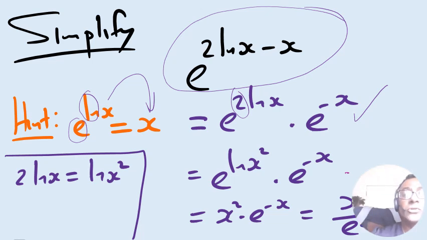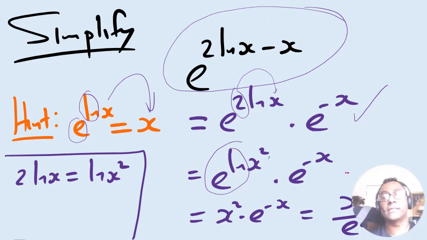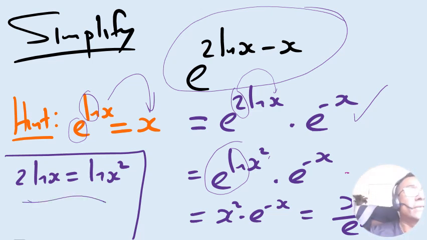So the 2 pops up there, that becomes e to the ln of x squared. Power law, reversed. But when e meets ln, boom, what's left over? x squared. So the final simplification is x squared times e to the minus x, which you can write down as x squared over e to the x. And there you have it. It's quite simple.